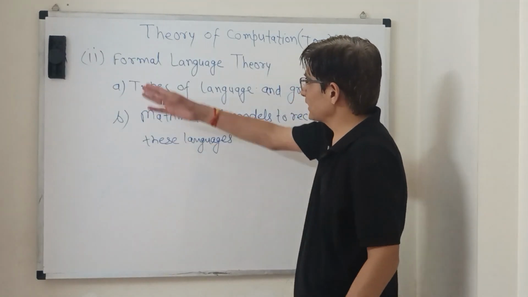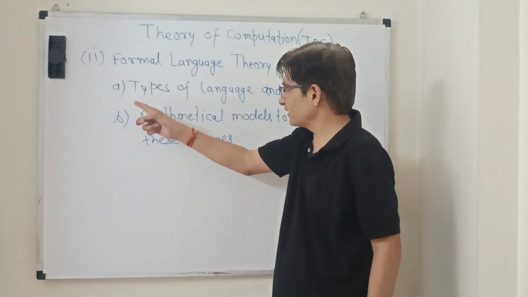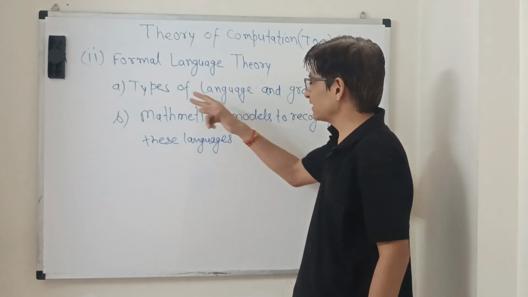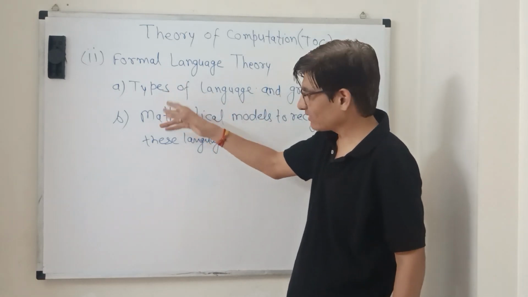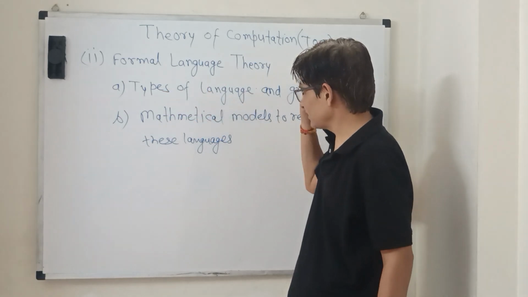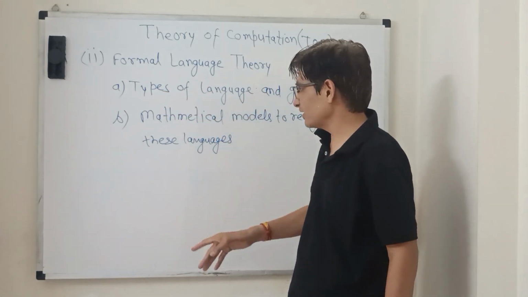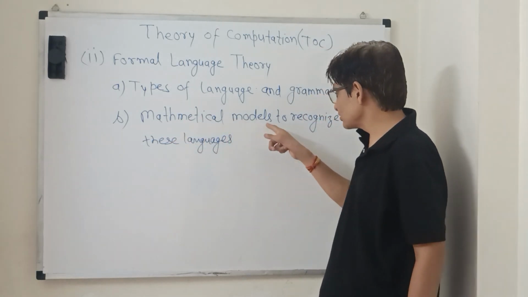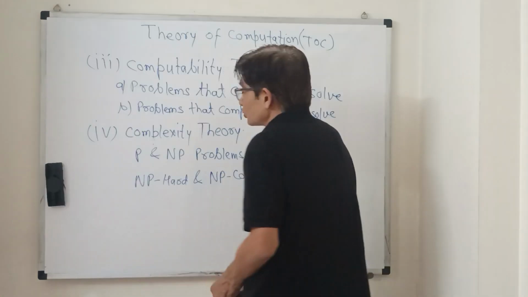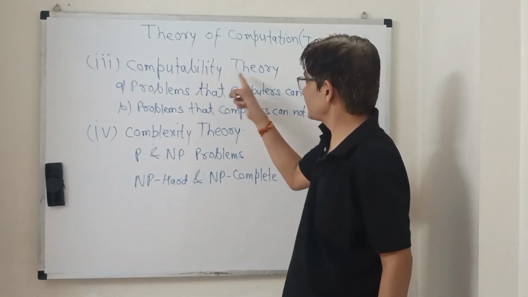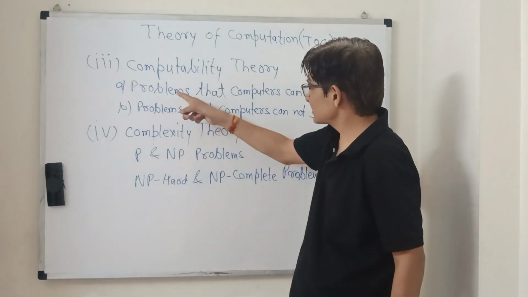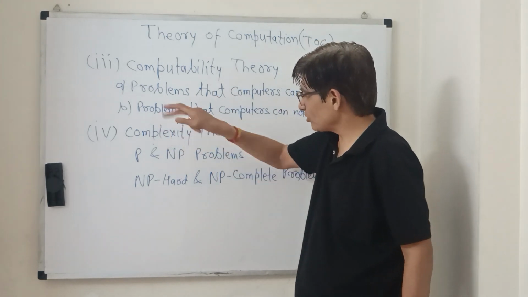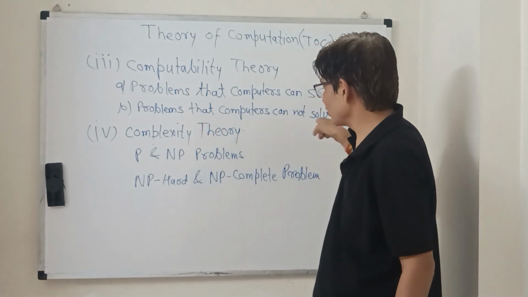From the formal languages theory part, we will cover types of languages and their related grammars. We will discuss each type of language and its grammar, and also the mathematical models to recognize all these languages. From computability theory, we will take problems that a computer can solve, and we will also discuss some problems that a computer cannot solve.